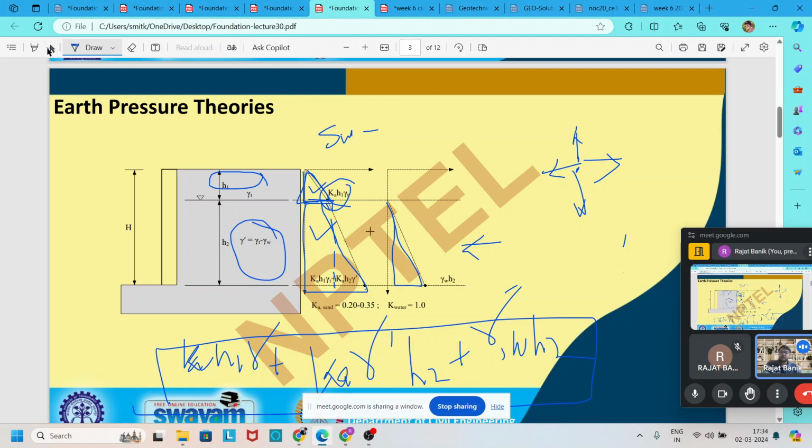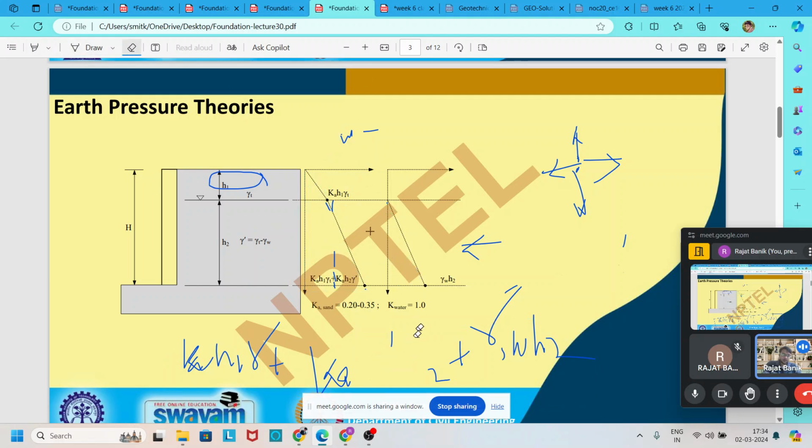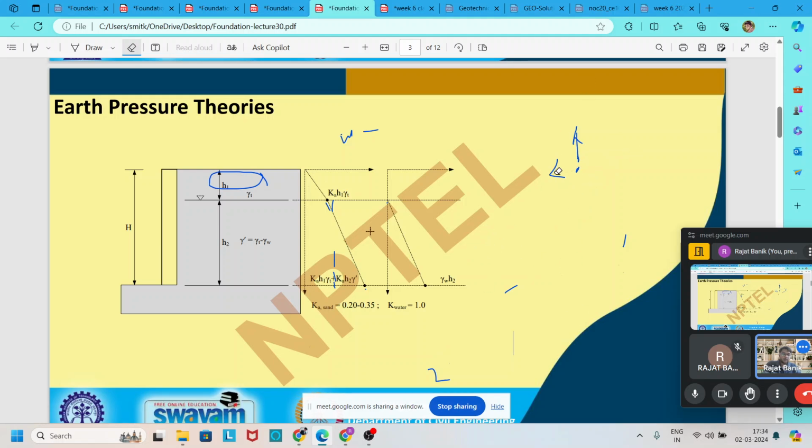Then to find out the CG of this active earth pressure, or the point of action, for this case we use one formula.